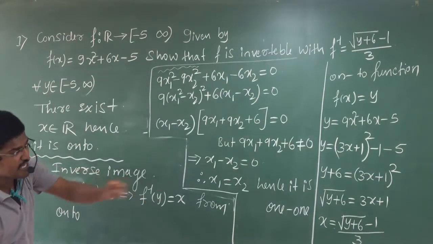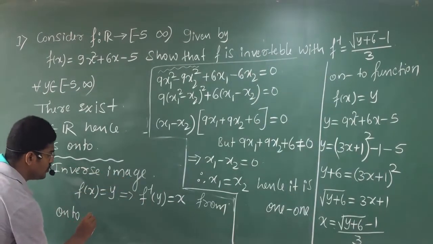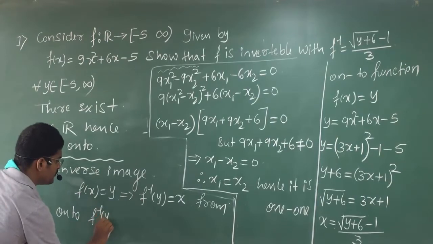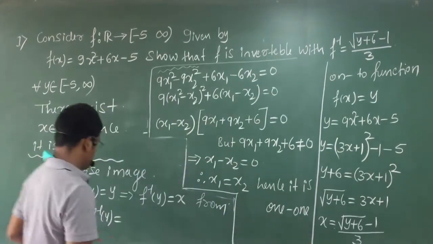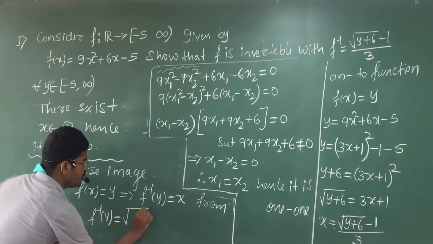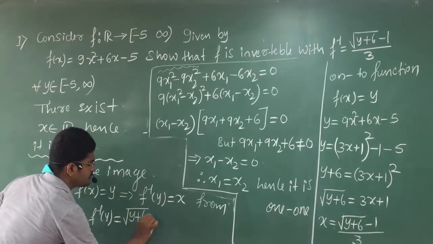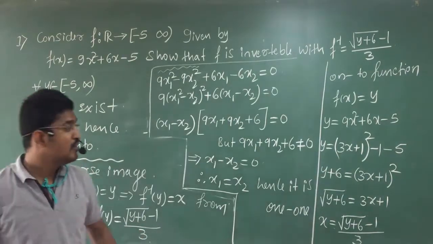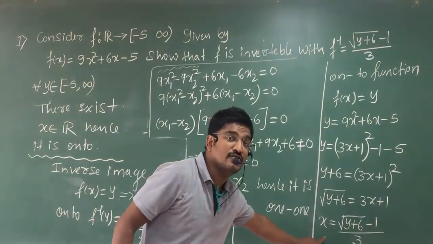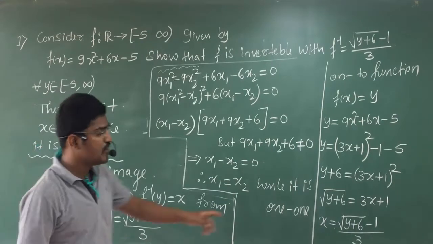From onto, we can write f inverse of y equal to x. See here, x is (root of y plus 6 minus 1) divided by 3. From onto we know what x is.